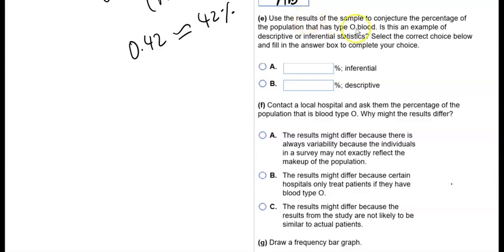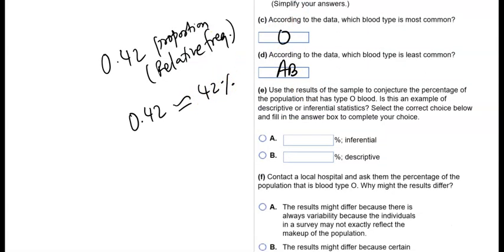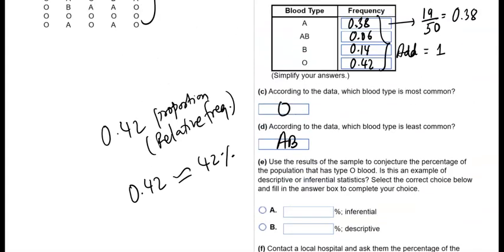So if you make a conjecture based on this sample data, and you say that in general 42% of people have blood type O, that's how you make a conjecture.